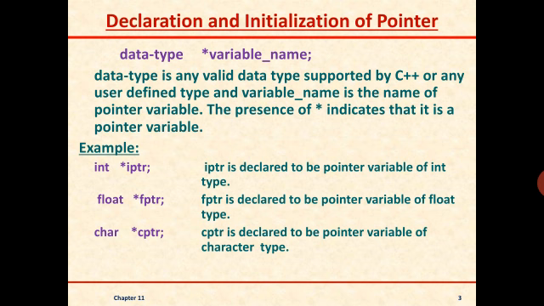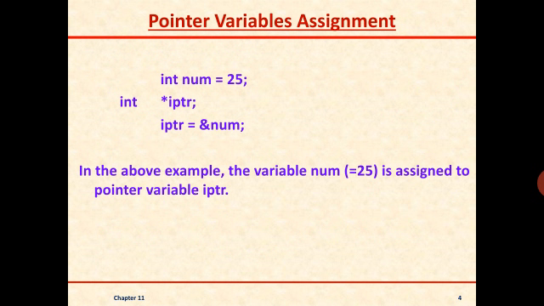Once we have understood how to declare the pointer variable, we are going to understand how to assign the pointer variable. You can see here, first we have declared one simple variable, that is num. Int num is equal to 25.